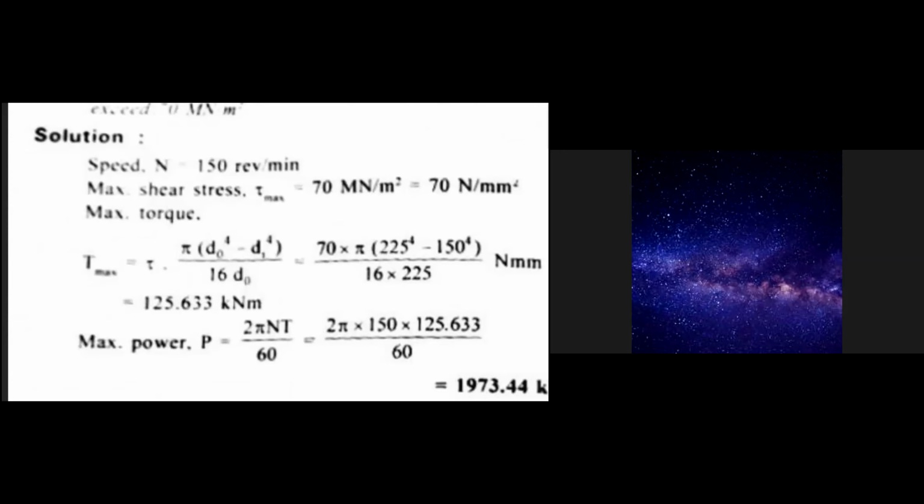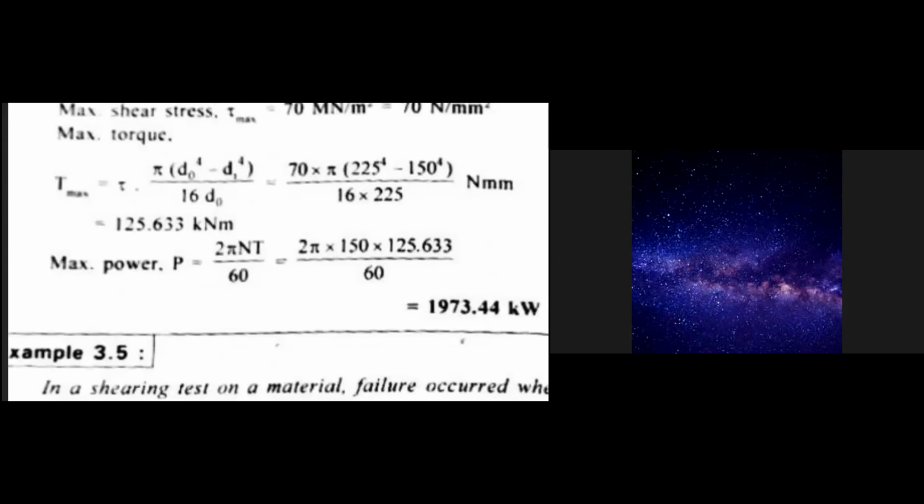This torque we are substituting in kilonewton meter, so we will get power in kilowatts. So it is 125.633 by 60. After simplifying, we will get power value as 1973.44 kilowatts.